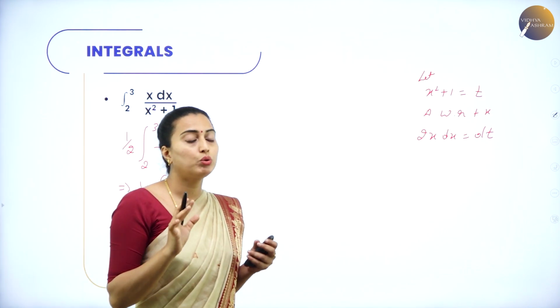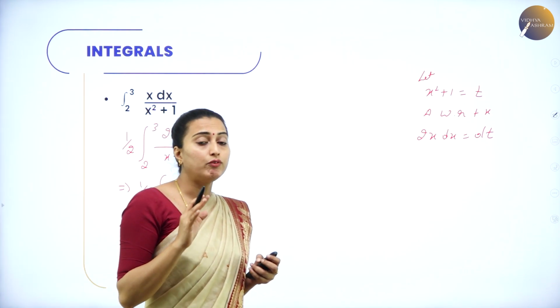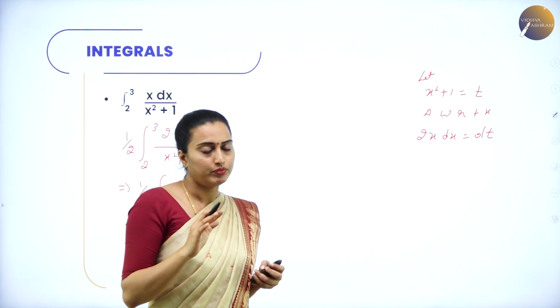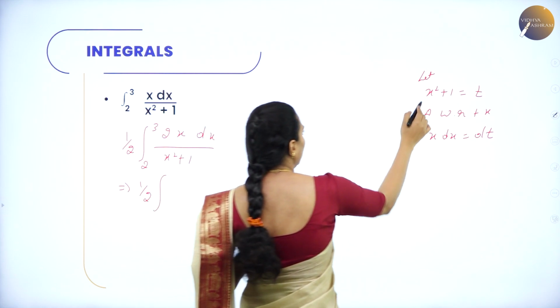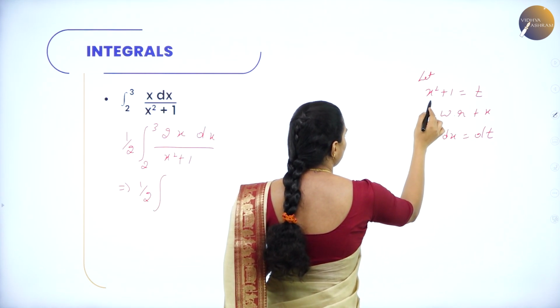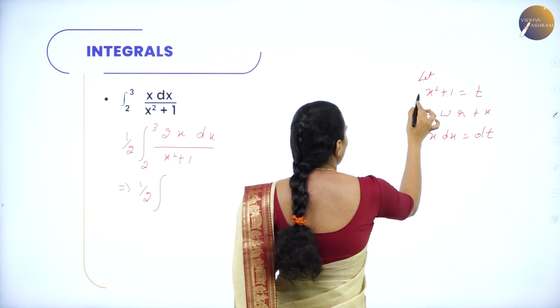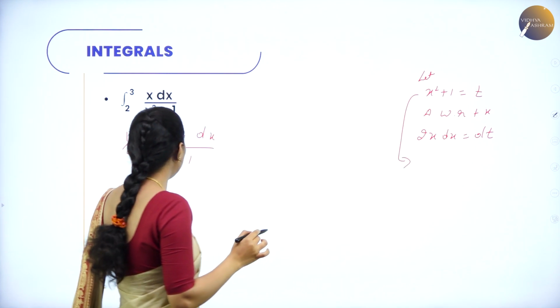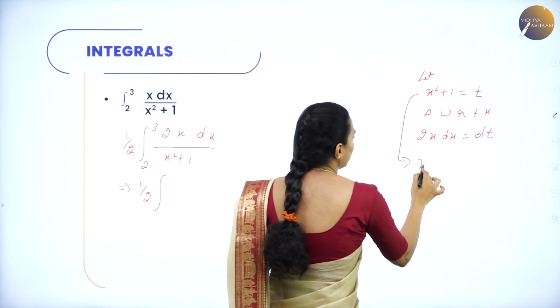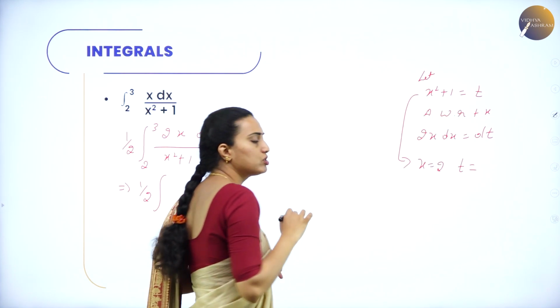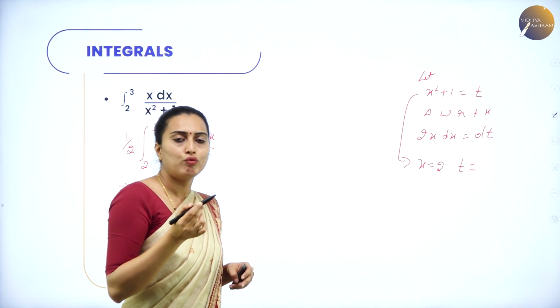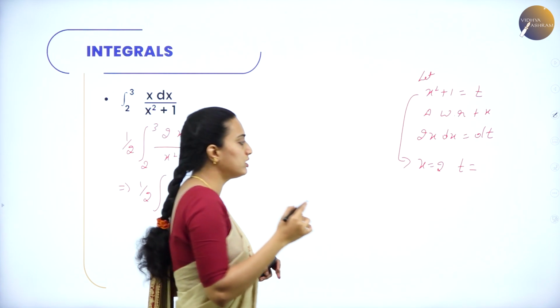But dear students, when you do the substitution method, you have to change the limits as well. t is x squared plus 1. When x is equal to 2, t is equal to 2 squared plus 1. 2 squared is 4, and 4 plus 1 is nothing but 5.